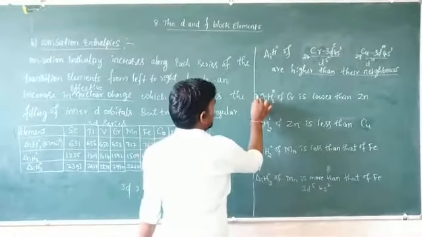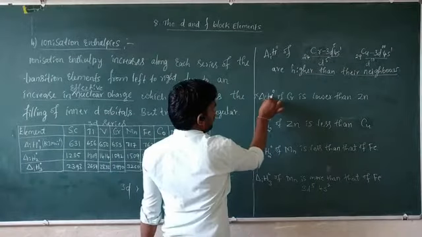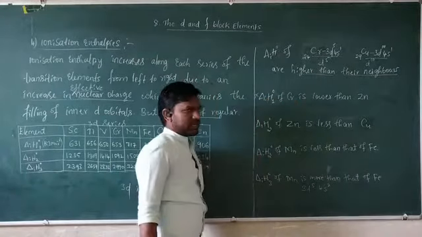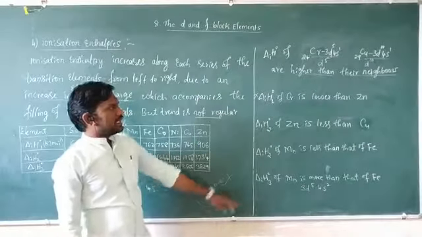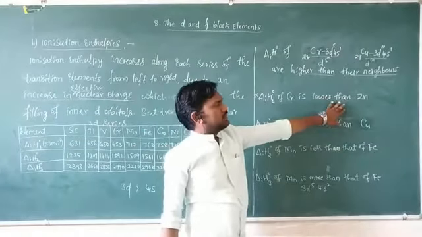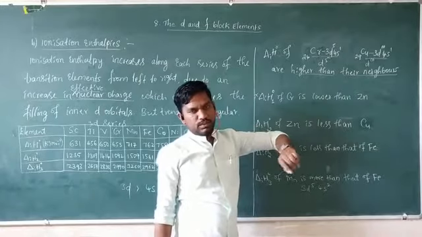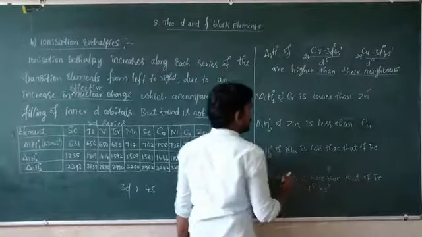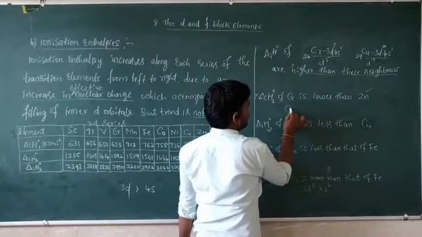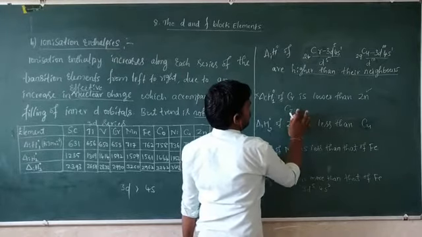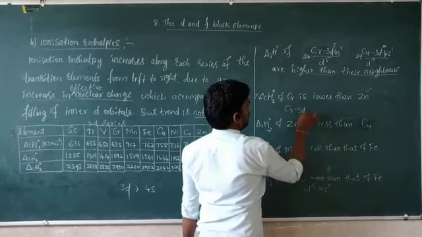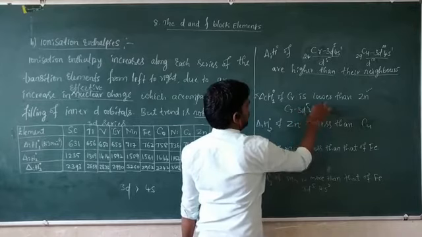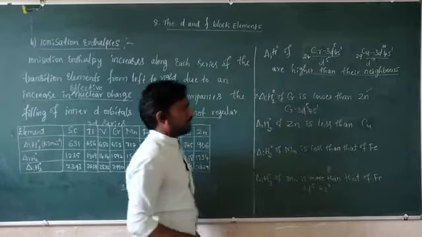Next, the first ionization enthalpy of chromium, atomic number 24, is lower than that of zinc. Why? Chromium is 3d5 4s1.